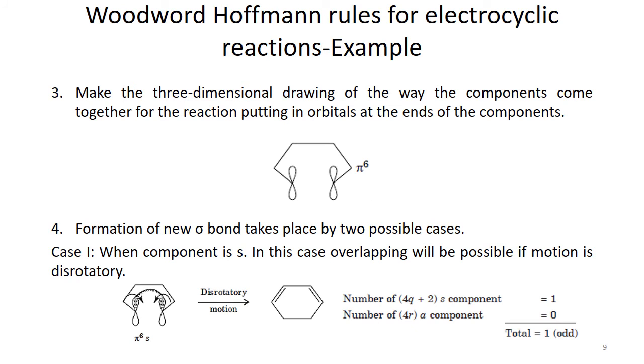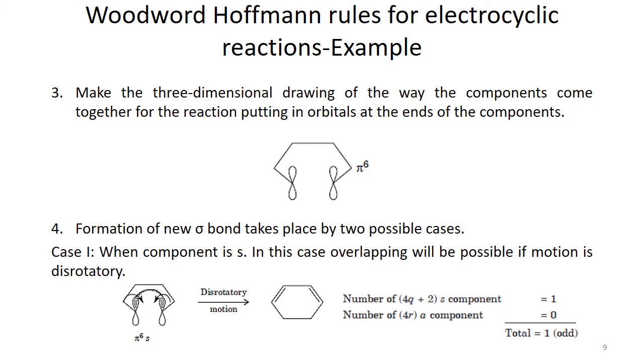Next, after recognizing the component of this reaction, which is a pi 6 system, we make a 3-dimensional drawing of the way the components come together for the reaction, putting in orbitals at the end of the component. It means we arrange the orbitals that are going to undergo the major change.